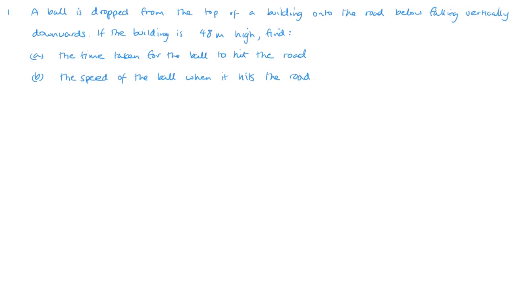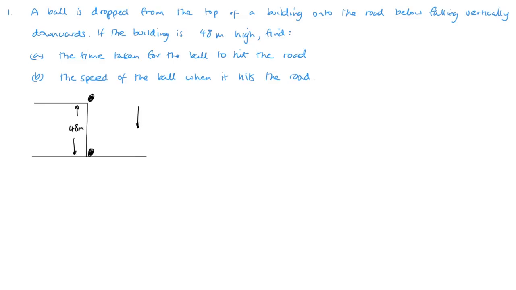Okay, so we've got a ball being dropped from the top of a building onto the road below. So I'll just draw my little sketch of this building. There it is, the ball is being dropped from up there and landing down there. The building is 48 meters high.